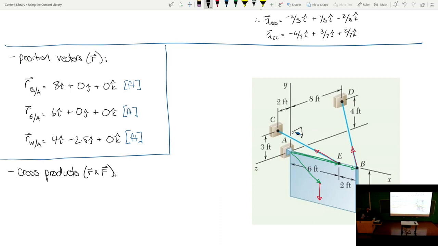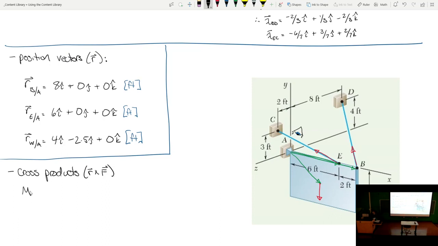We're summing moments at A. So how many cross products are we going to need to take? We have 3 position vectors, so we're going to need to take 3 of them, right? R cross F for this force, R cross F for this force, R cross F for that force. Okay? So let's just write these out.